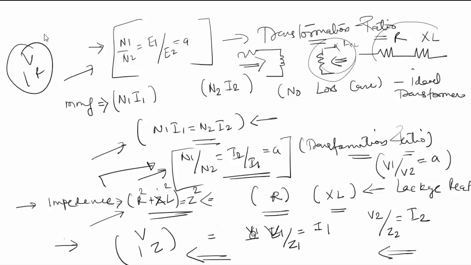So it's possible to transfer it in a way that shows how it will be seen at the primary, and that can be done in the ratio of the transformation ratio.